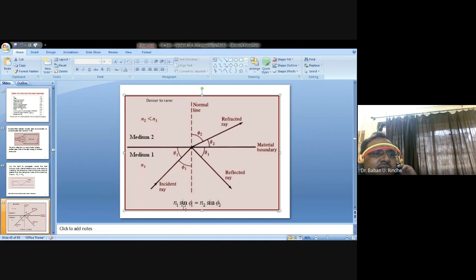Therefore, n1 upon n2 is equal to sine phi 2, and here we get sine inverse phi 1. Okay, that will be written as n1 sine phi 1 is equal to n2 sine phi 2.